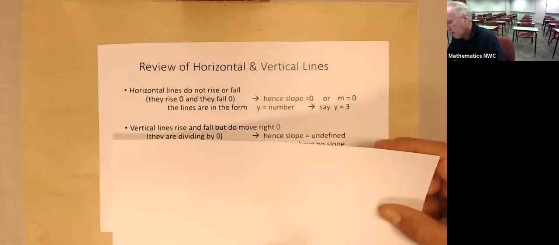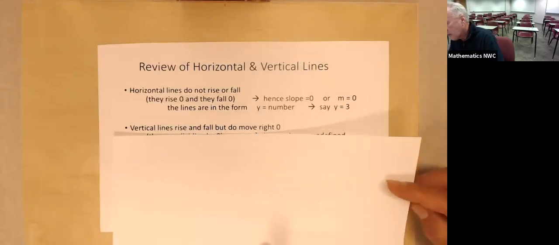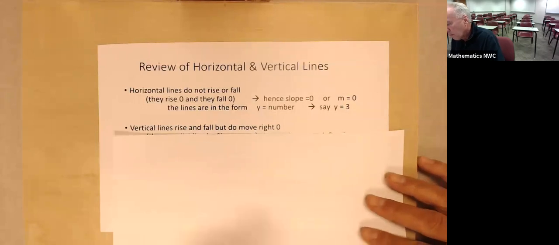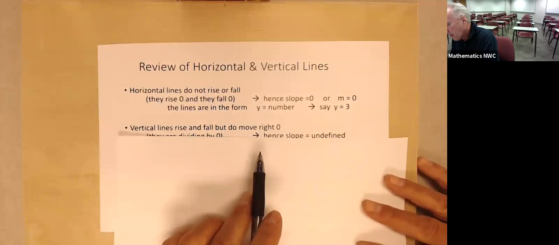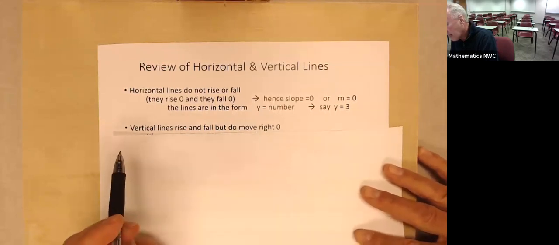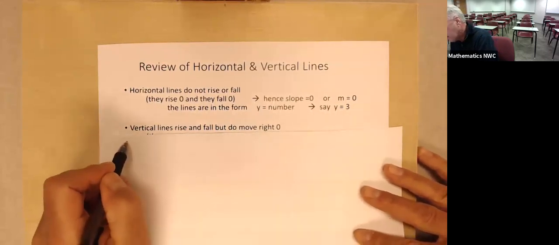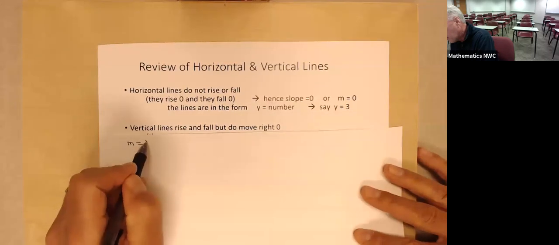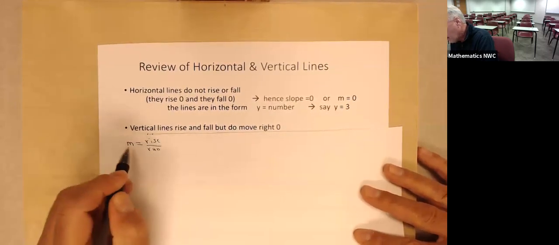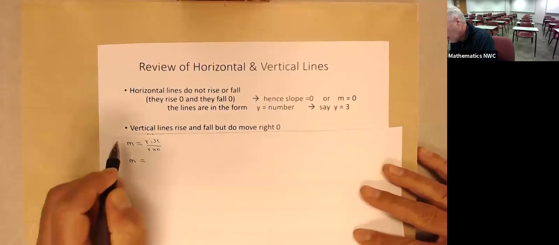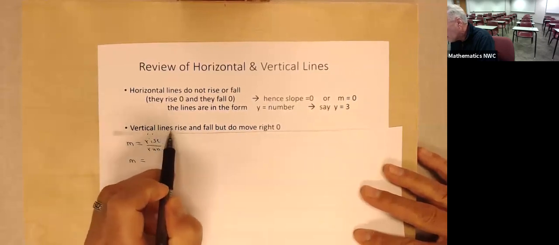Vertical lines rise and fall, but they move to the right 0 units. Because they move to the right 0 units, my slope, which is rise over run, it might have risen some amount.